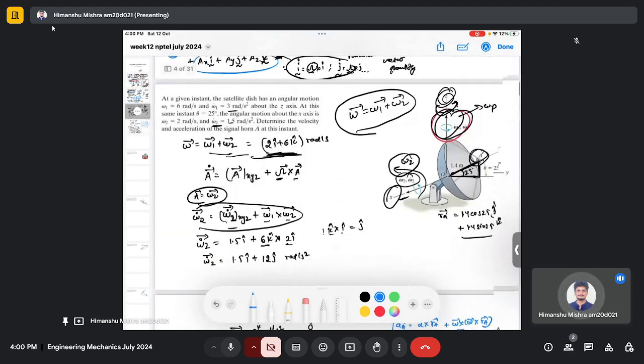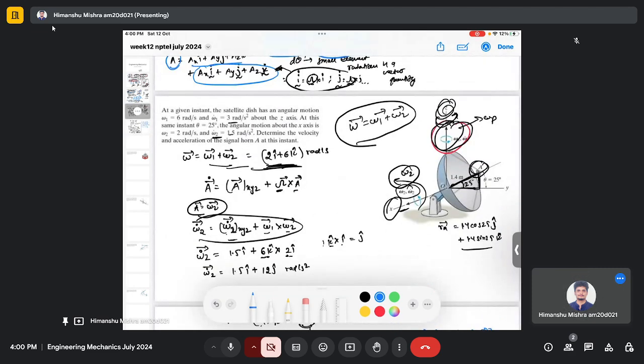So here you can see that we are given the motion of a satellite. Its angular motion along the z axis is given as omega 1, which is the angular velocity, and omega 1 dot, which is the component of angular acceleration, and it is also moving about the x axis with angular velocity omega 2 and component of angular acceleration omega 2 dot.